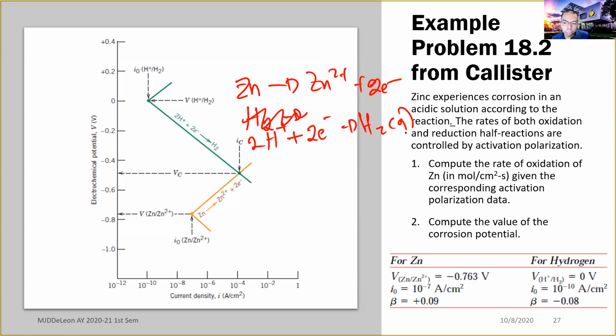The rates of both oxidation and reduction half reactions are controlled by activation polarization. So if activation polarization siya, gagamitin lang natin yung ating Tafel equation.